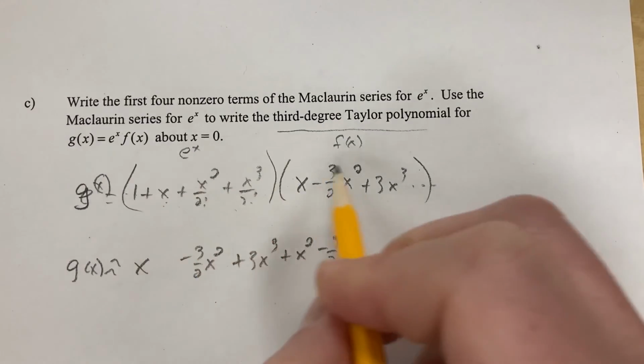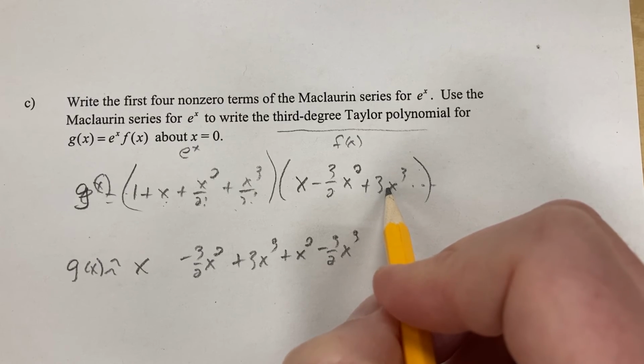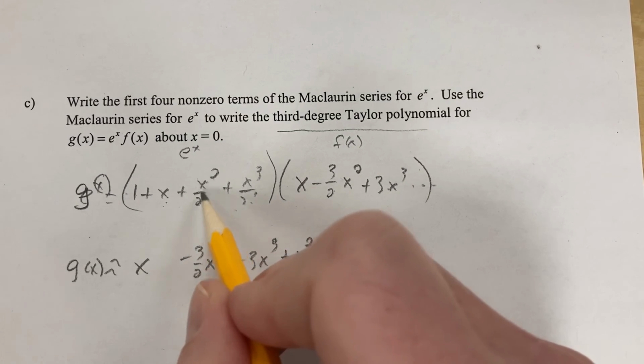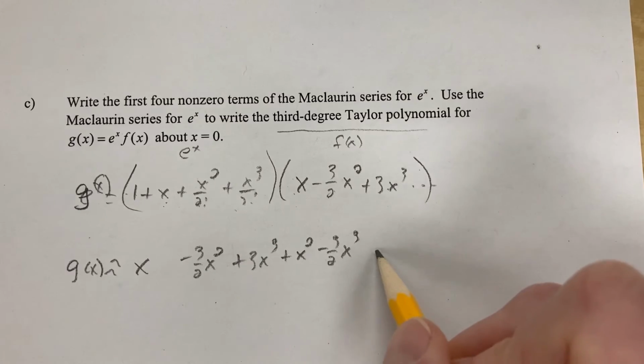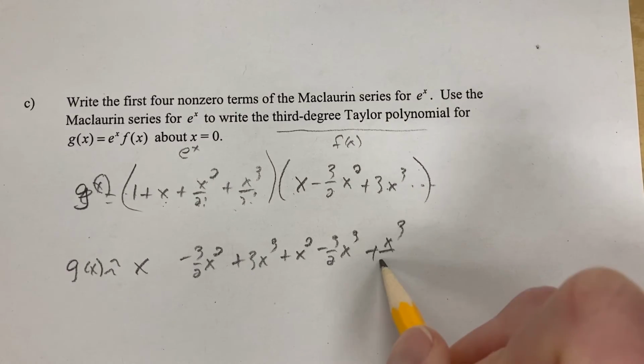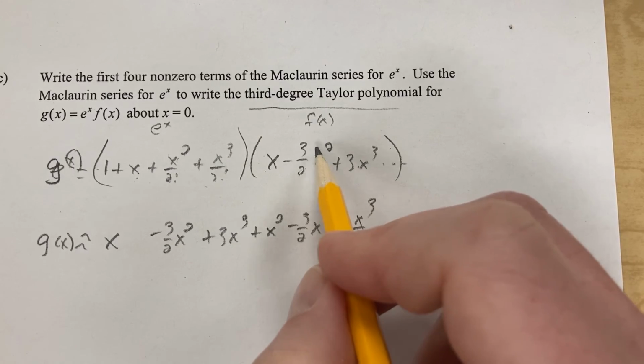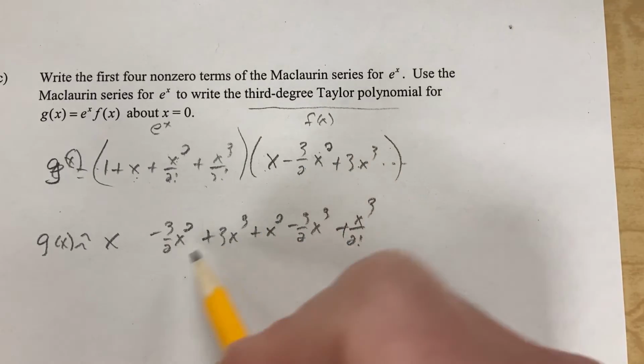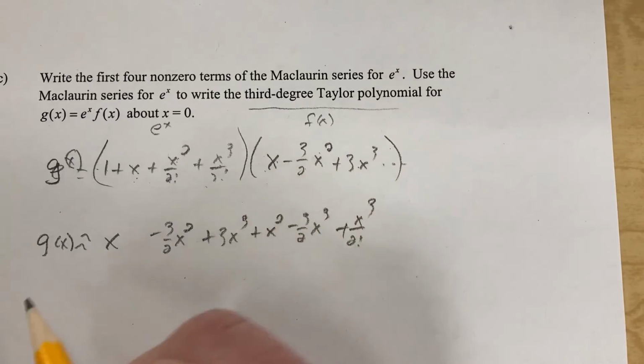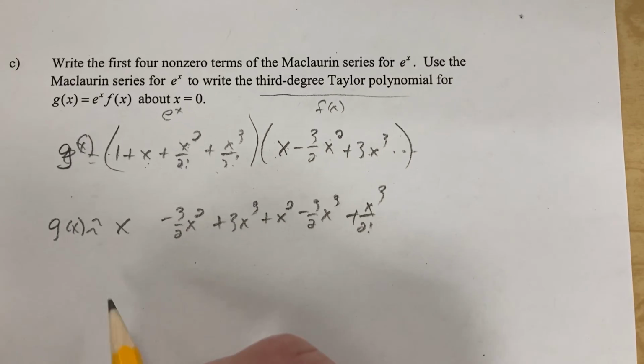I don't have to worry about the next one. x squared times this would be x to the third over 2. x squared times x squared would give me something to the 4th power. I don't want that. And I don't want this either. That'd be to the 4th. I only want things up to the 3rd power.